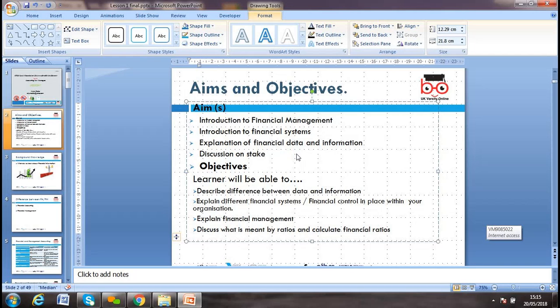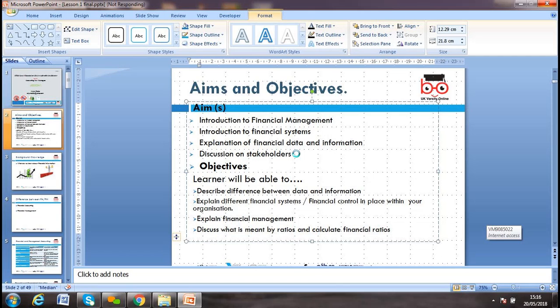Do you know what is meant by stakeholders? The person who invests. Yes, those people who invest money in the business are also stakeholders. We also call them shareholders. Stakeholders means anybody who has any interest in a business.